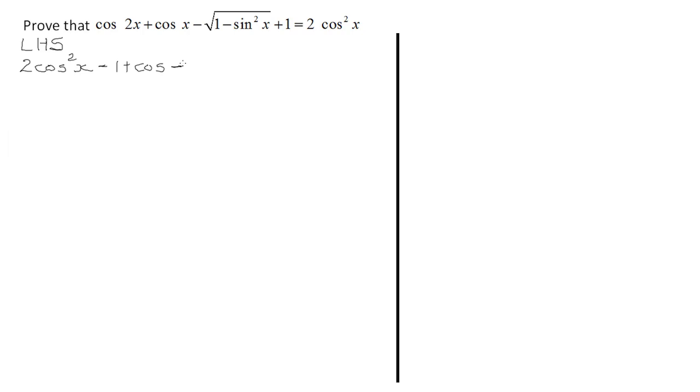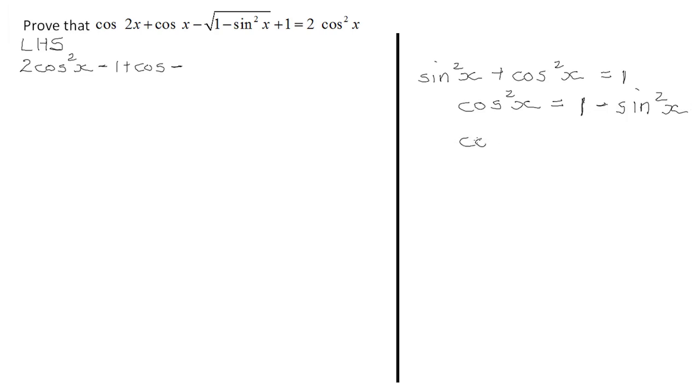Now, the square root. If you look on your formula sheet, formula number 7. Let's write down formula number 7 and see, can't we design something that's equivalent to that thing that looks so strange? Formula number 7: sine squared x plus cos squared x is equal to 1. Now, cos squared x is equal to 1 minus sine squared x.